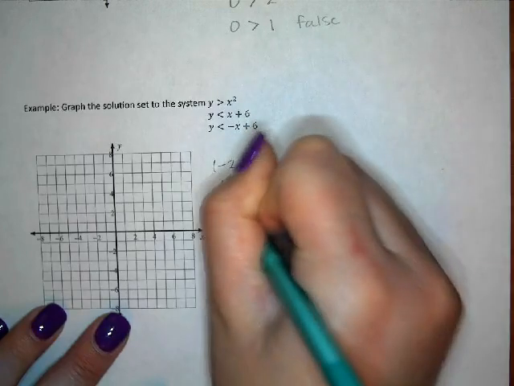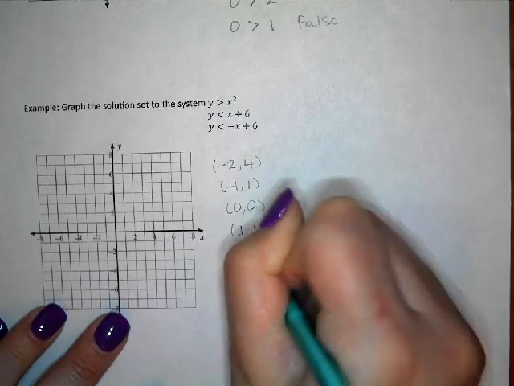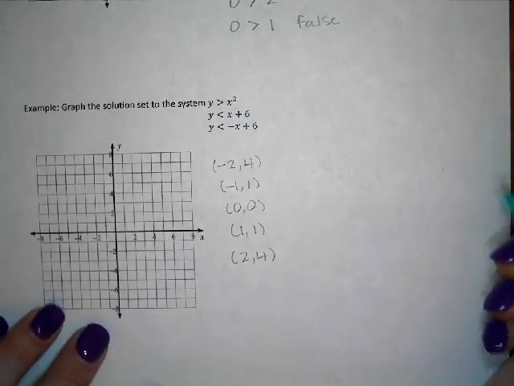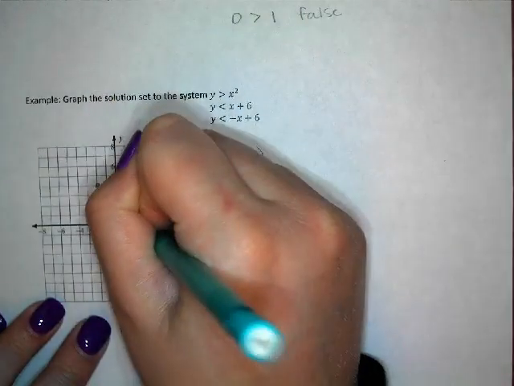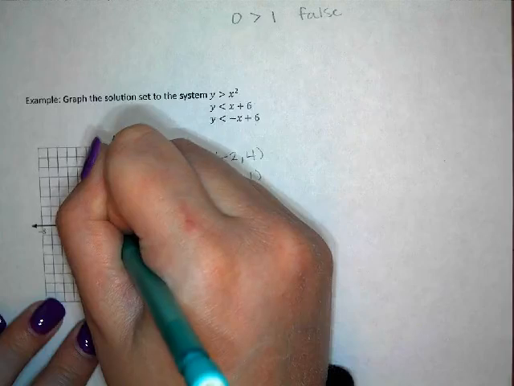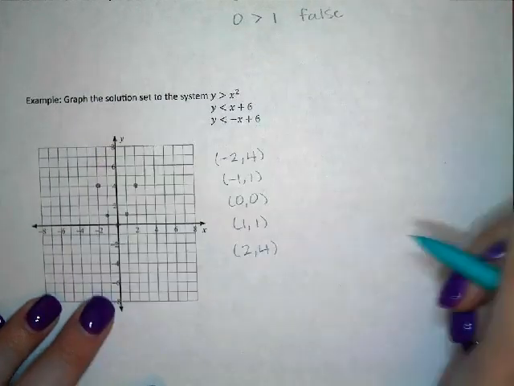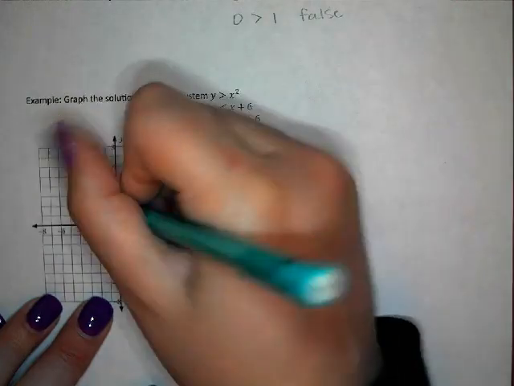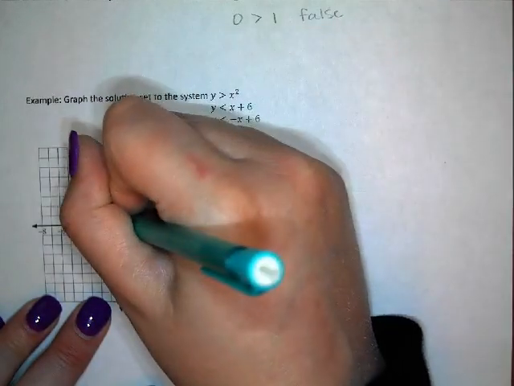So I'm going to graph those points. And this is dotted because it says greater than, so it should not be solid. The parabola should be dotted. I'm going to carry it all the way up here.